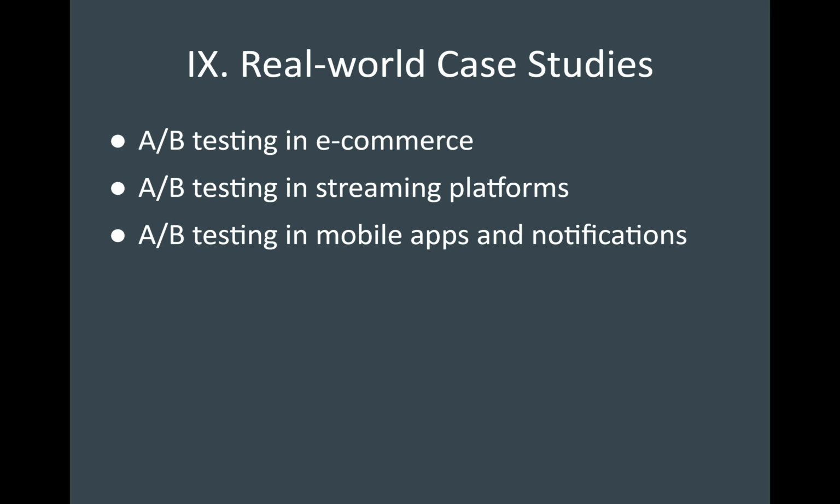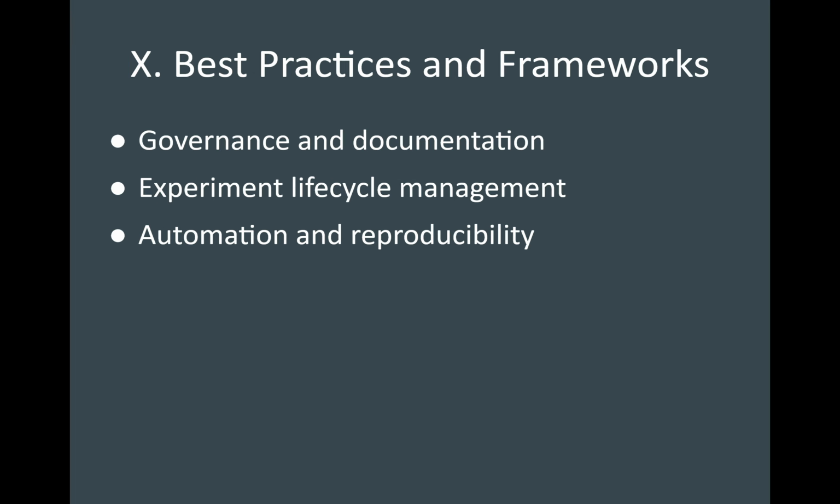We have e-commerce, where they test pricing, page layout, and checkout flow, and then streaming, where recommendation algorithms or thumbnail images are tested. Then there are mobile apps, where notification timing and app UI changes are tested. And then there are certain best practices and frameworks.